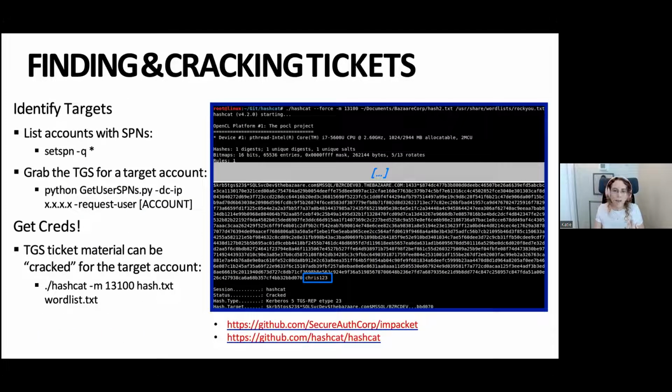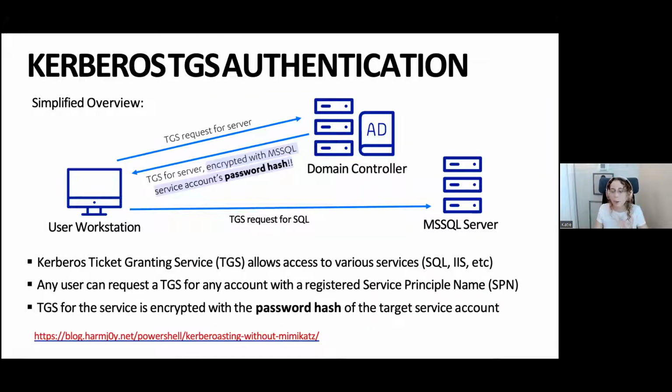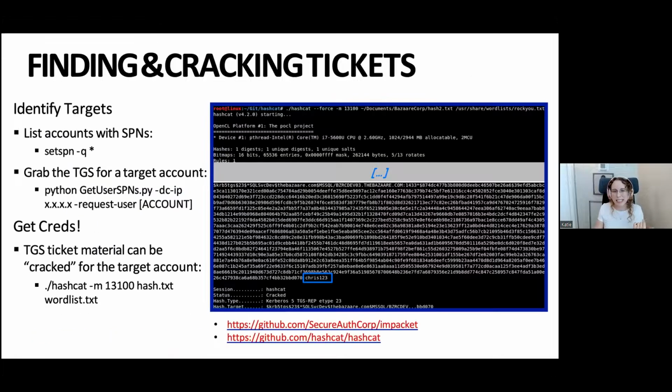That means they've been set up so that the domain controller can pass notes along for them with their password hash wrapped around it. And we know the information we sent to the domain controller, so we can get it back pretty easily, and then look to crack this hash.